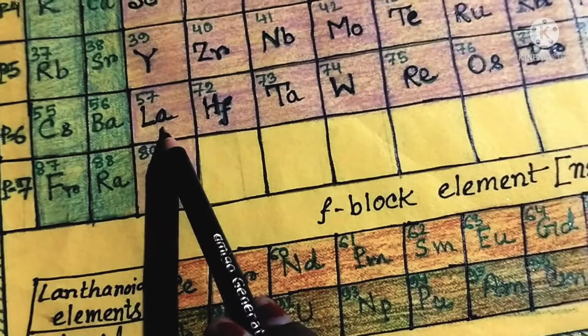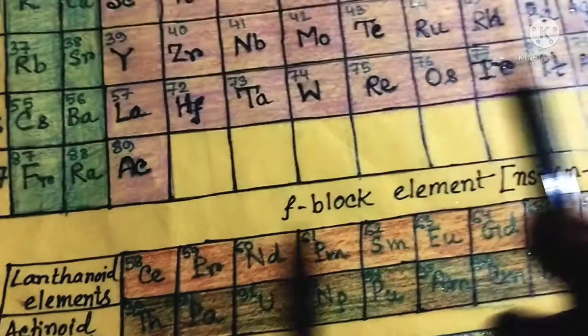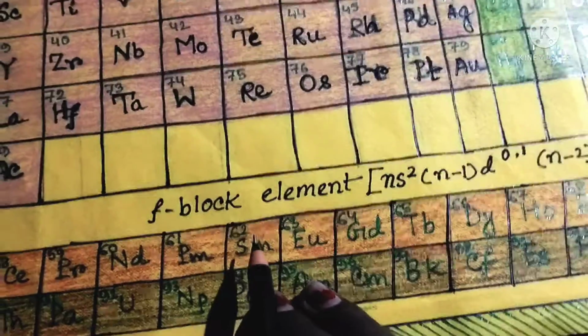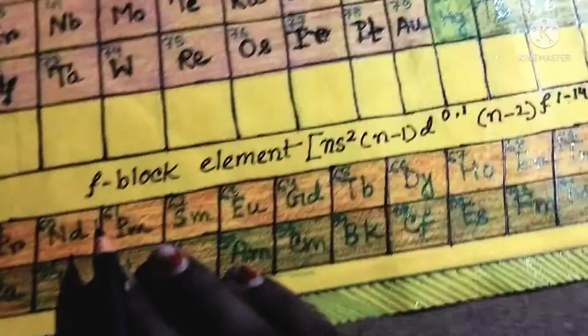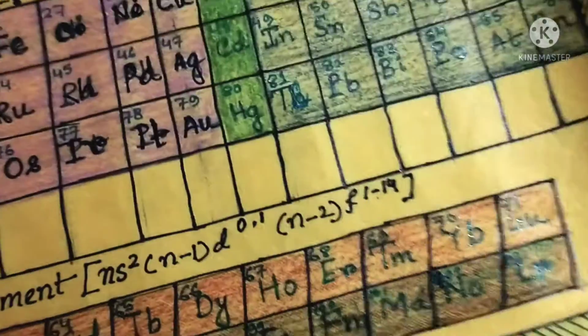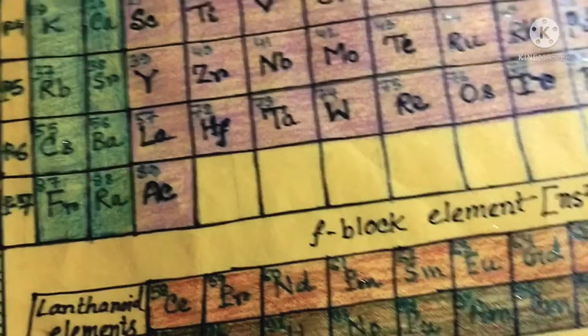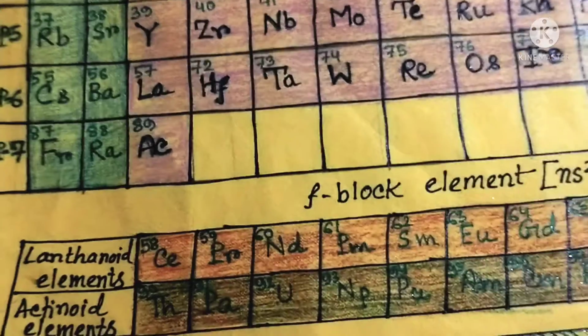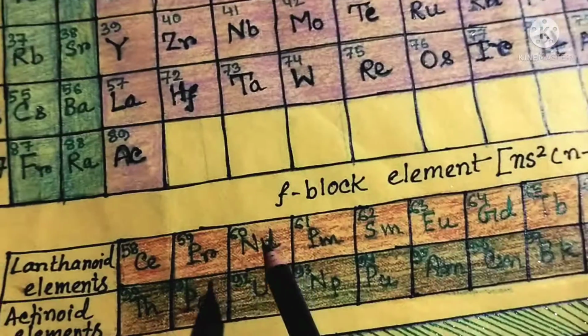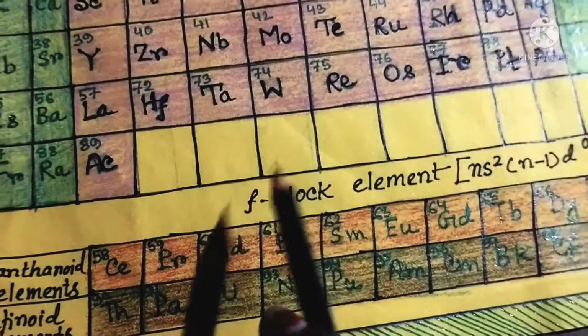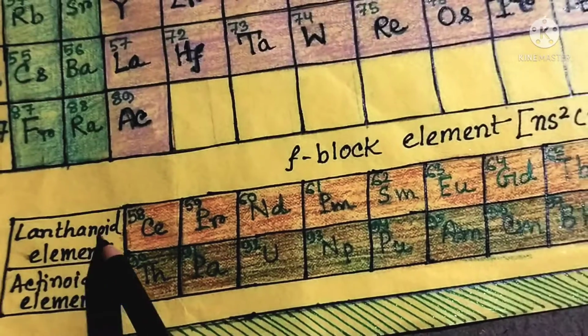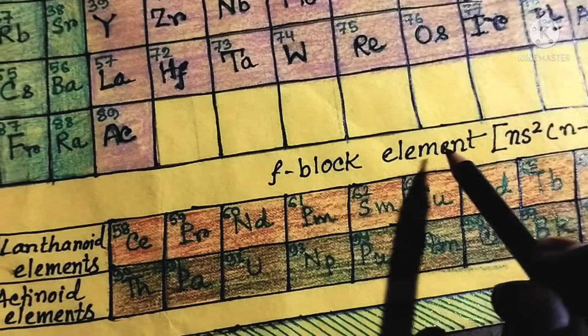So after lanthanum, from 58 to 71, these 13 elements possess F block, so they are written below the periodic table. So here we write the lanthanoid elements which are F block elements.